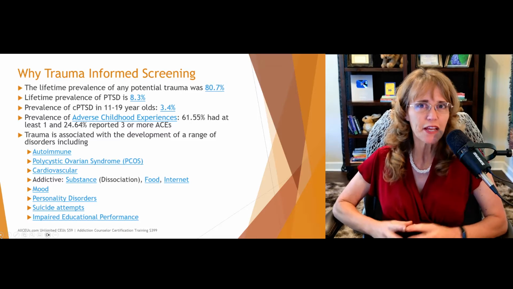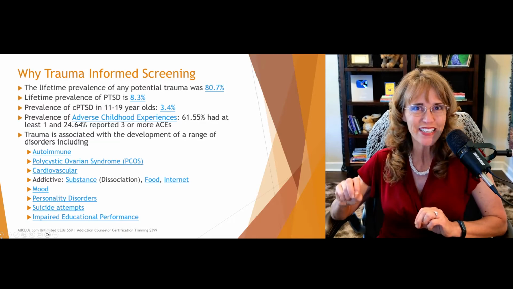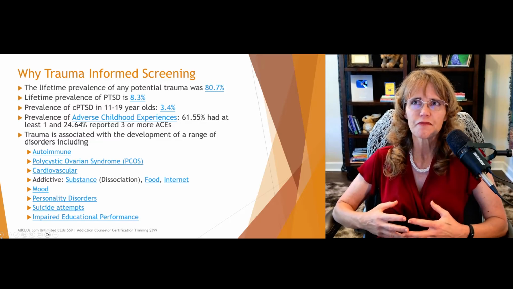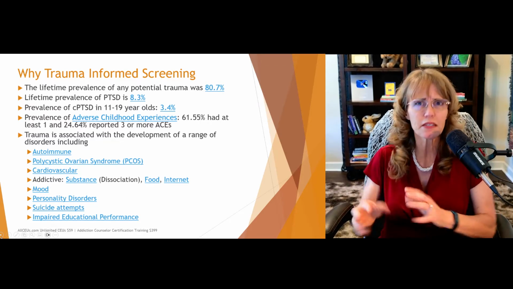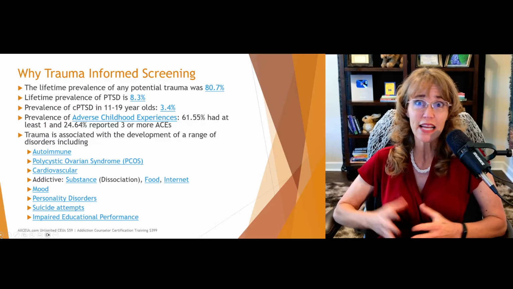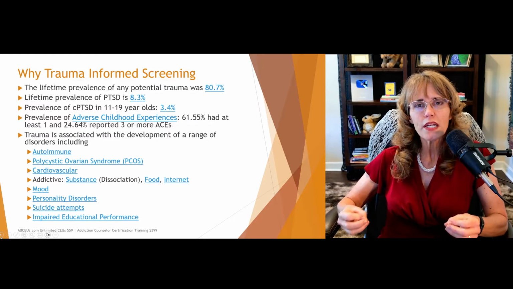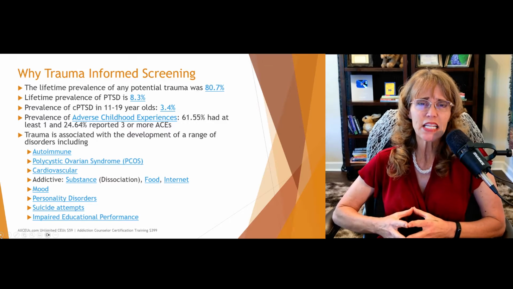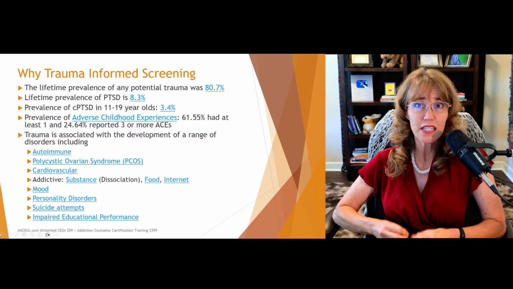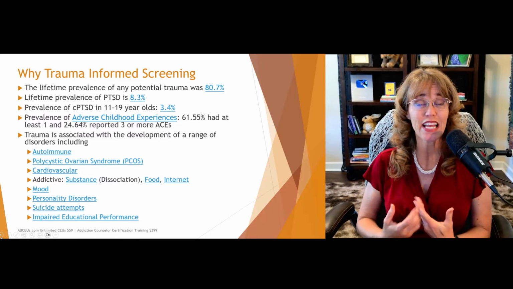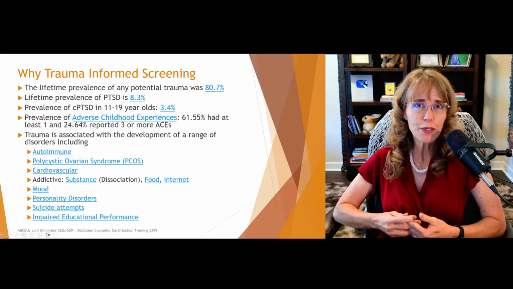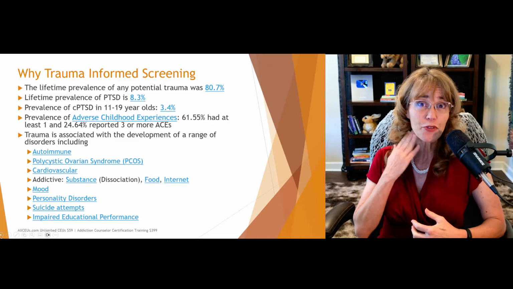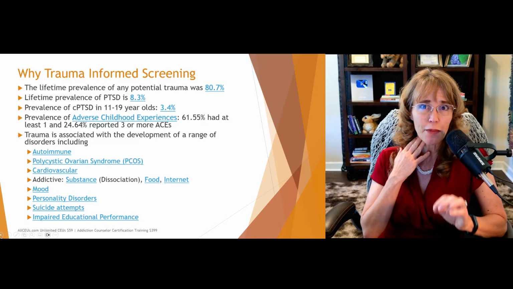Hypothyroid, for example. If you're screening somebody for hypothyroid, they may have symptoms of depression and fatigue and dry skin, and they may be able to knock off a lot of those symptoms. And yes, they are hypothyroid, but what caused the hypothyroid? And we know that adverse childhood experiences, ongoing extreme stress and or trauma can contribute to a dysregulation of the nervous system and the development of hypothyroid, especially autoimmune hypothyroid.